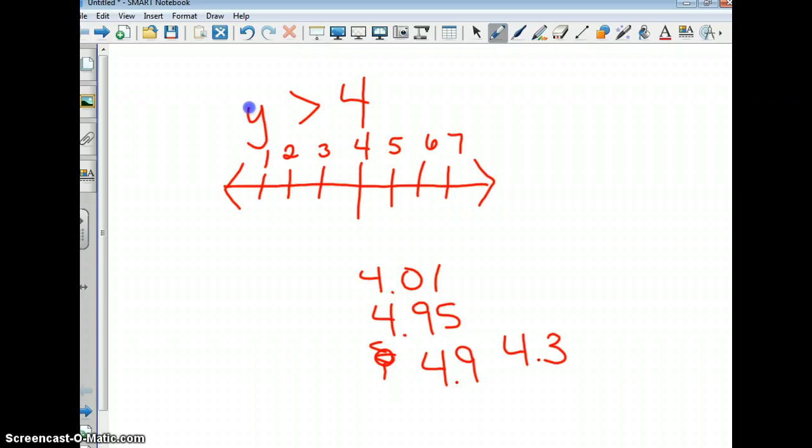Okay? I could have 4.2222. Okay? So you have to understand that between each whole number, there's a ton of numbers in between each of those. Okay? So, that part is besides the point. I just wanted to throw that note out there.